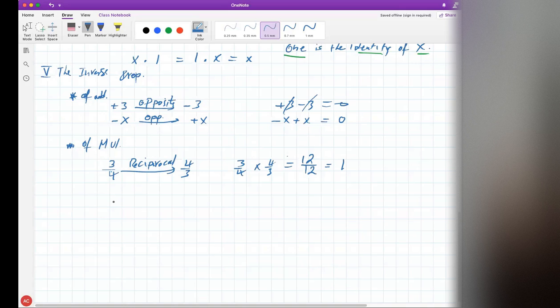For example, if you have 37 over, I don't know, 49, and you multiply this by its reciprocal, what is the reciprocal of 37 over 49? 49/37. That's right. And now, what is this multiplication equal to? 1.